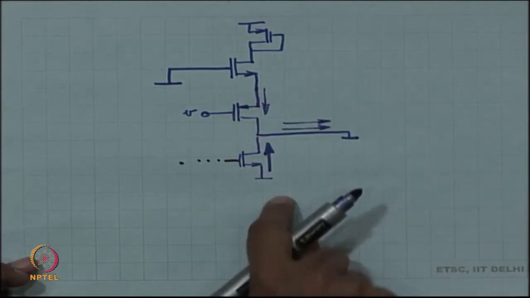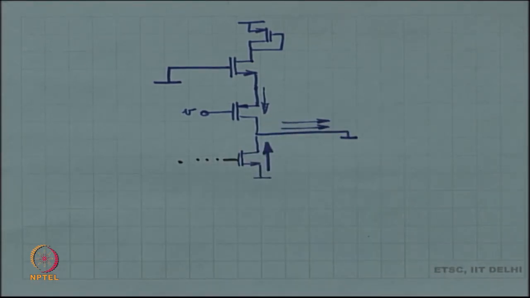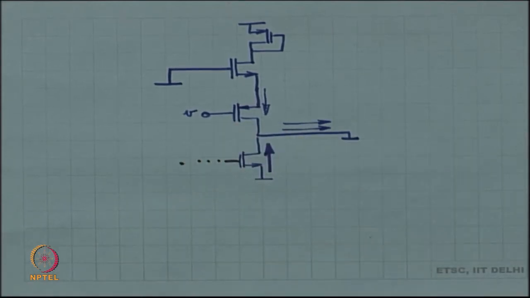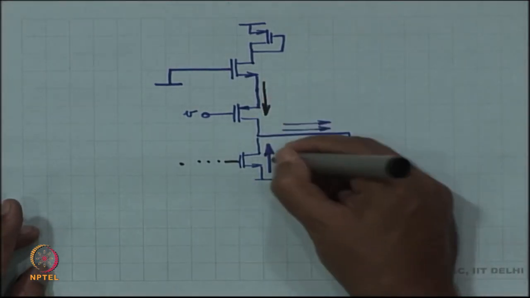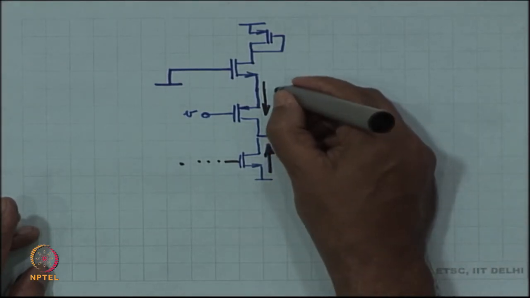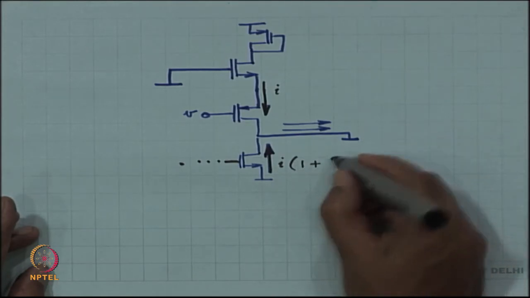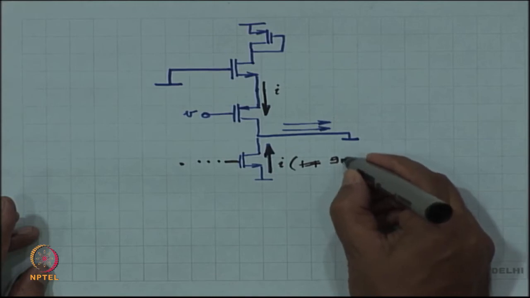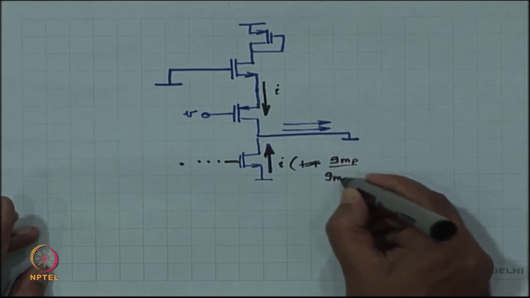So, you have 2 components to the current. One is coming because of the PMOS, the other is coming because of the mirror. The net short circuit current is going to be double, approximately. And by now you have figured out the mirror ratio: if this current is some I, then this current is going to be I times GMP by GMP plus GDSP.